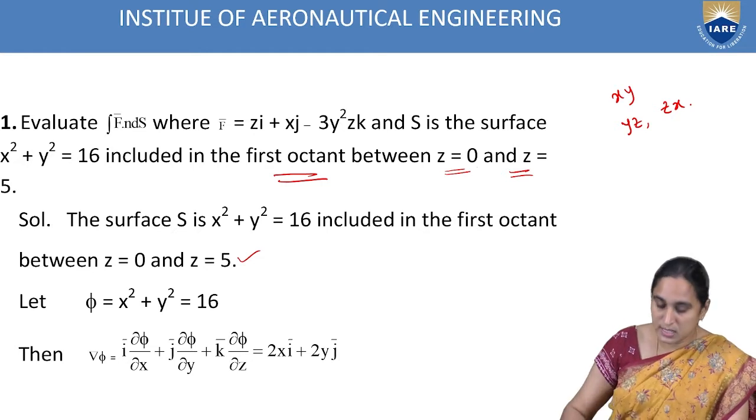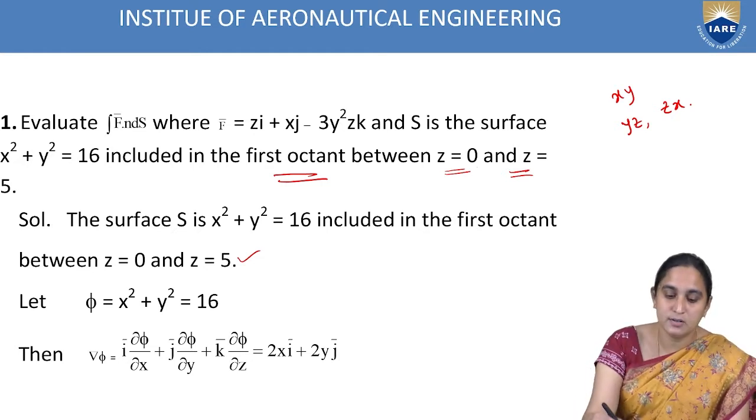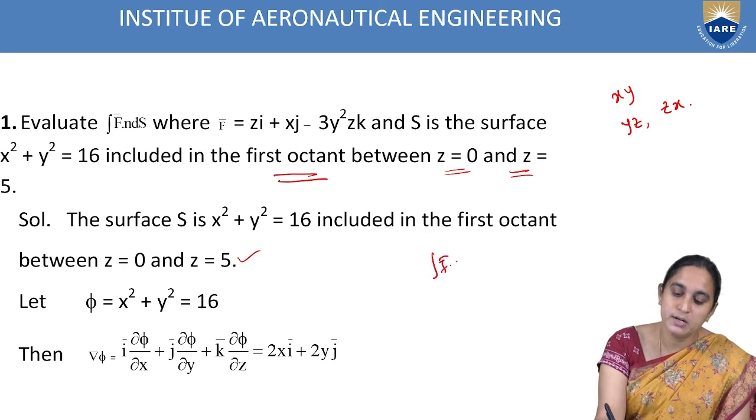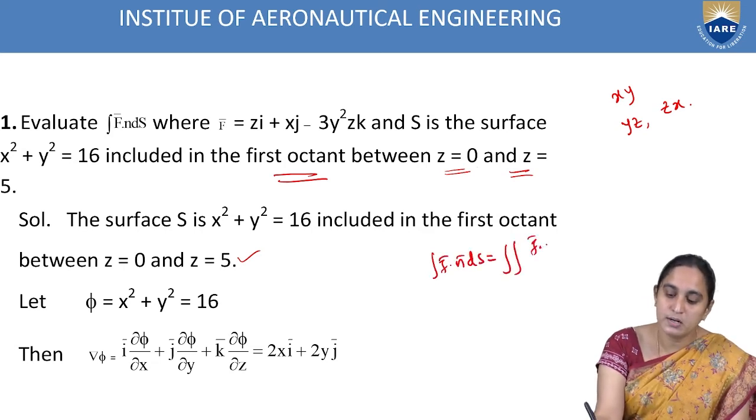I'll calculate the surface integral, integral of f bar dot n bar ds, which is equal to double integral of f bar dot n bar by modulus of n bar dot i bar dy dz, since the surface is included in the first octant.